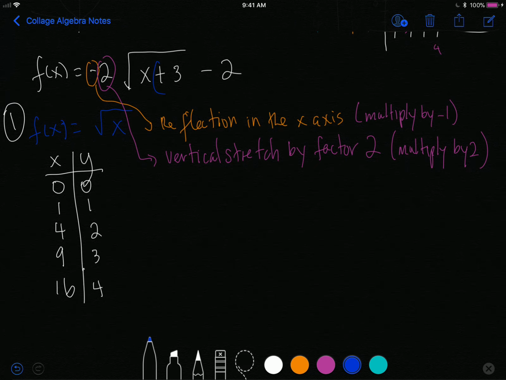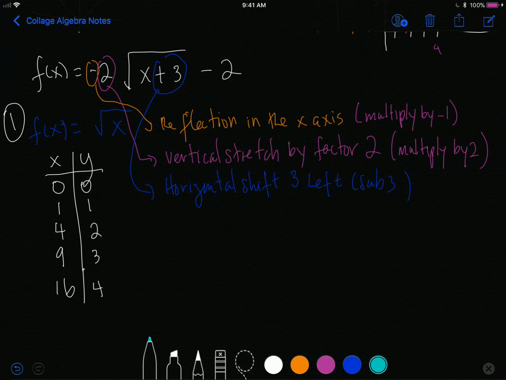The +3 right here is a horizontal shift. It's 3 units to the right. Not right, 3 units left. So I'm going to subtract 3 from the x values.